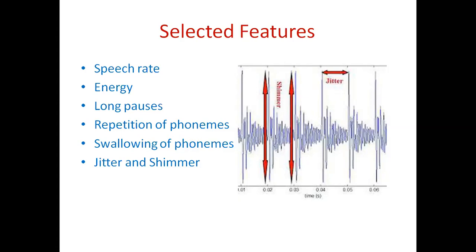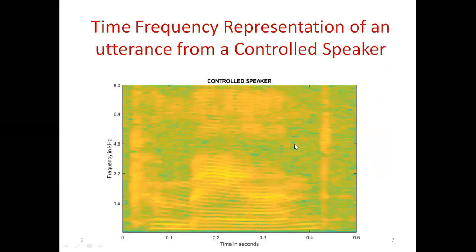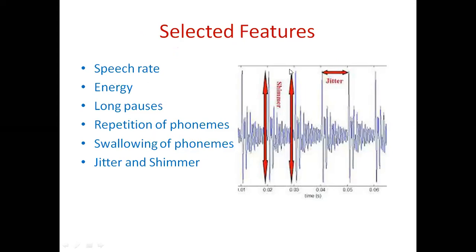In dysarthric speech, these variations are very high compared to the normal speaker. Similarly, shimmer. Jitter is variation in pitch, and shimmer is variation in the amplitude. That's why this is shown here.